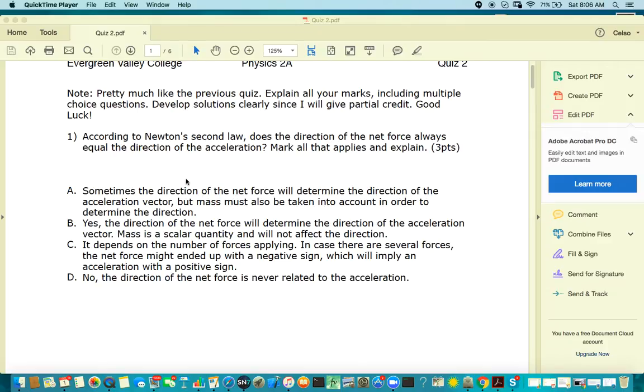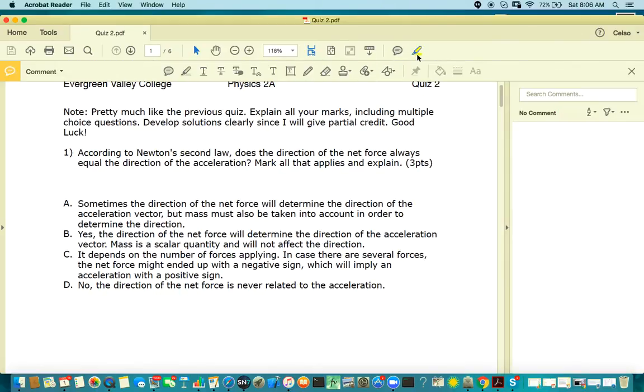But basically, according to Newton's second law, does the direction of the net force always equal the direction of the acceleration? So this is correct. According to Newton's second law, the net force is equal to the product of inertial mass with acceleration, which means the direction of this vector equals the direction of this vector.